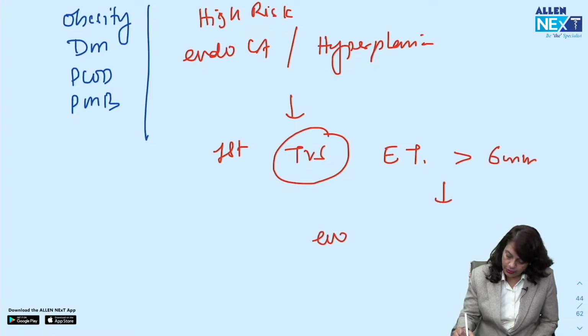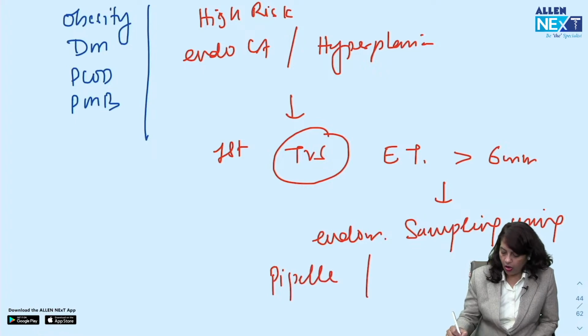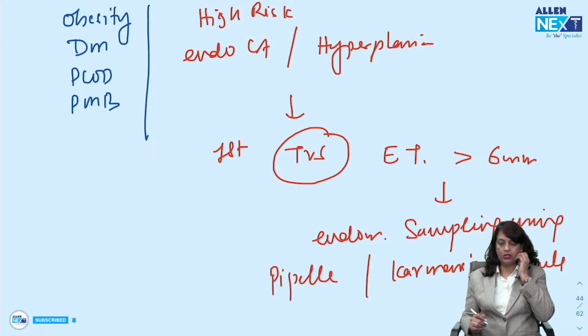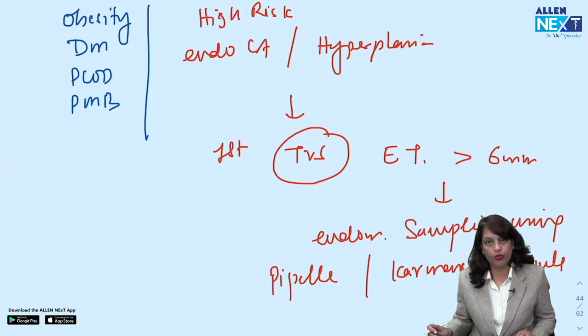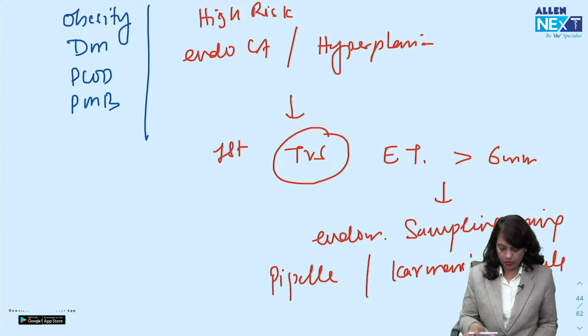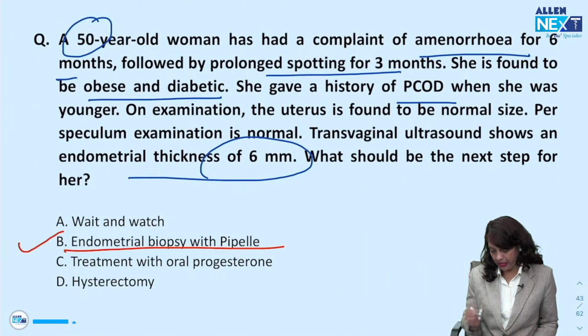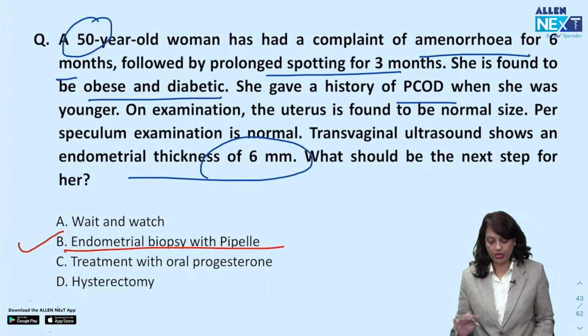So next you have to do endometrial sampling or DNC using an endometrial pipelle or Karman's cannula, and you look for the histopathology report. Depending upon the histopathology report, you are going to do the management. So here the answer is endometrial biopsy with a pipelle, because you have to rule out endometrial hyperplasia and endometrial cancer.